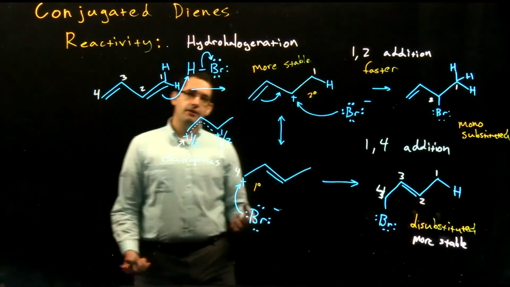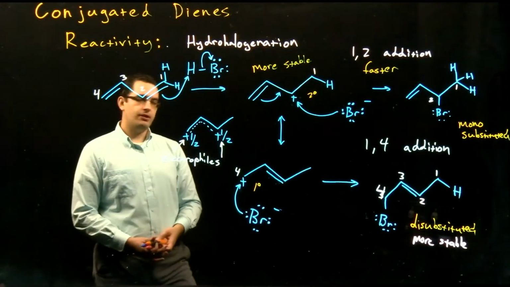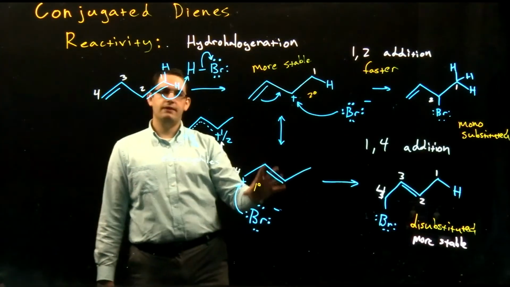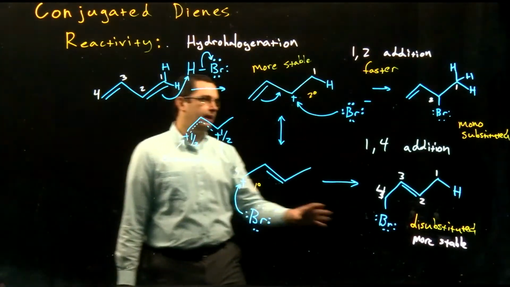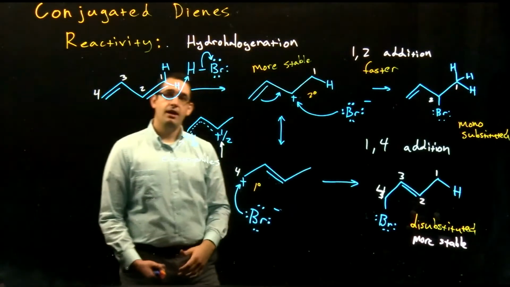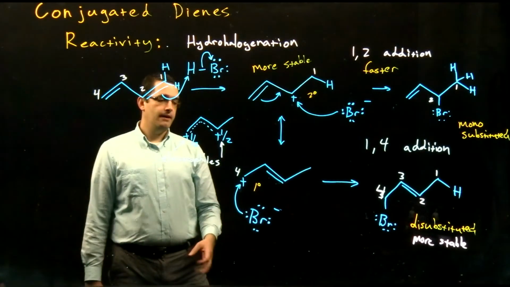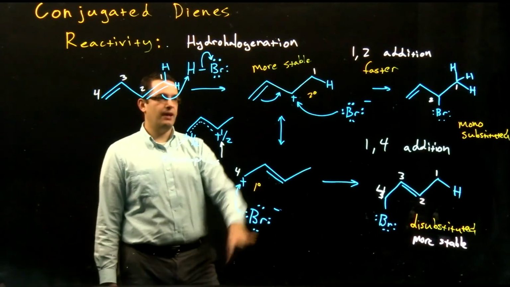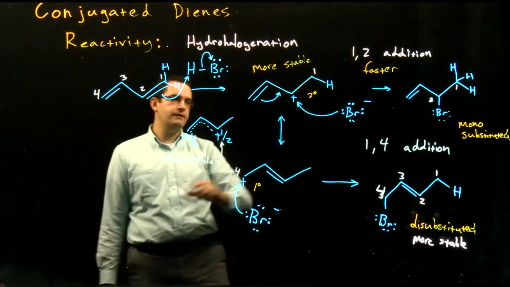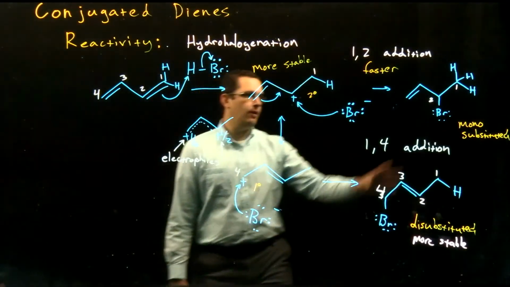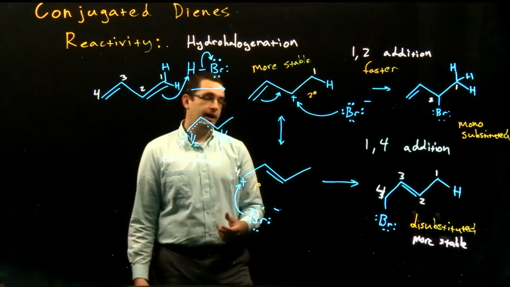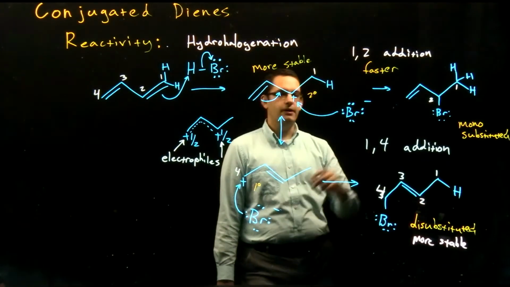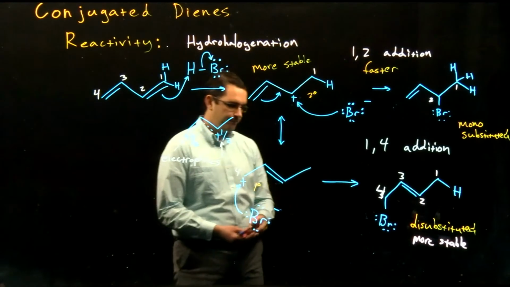So now if we consider the role of temperature, temperature of course determines how much energy we have to get past these unstable intermediates to get to our products. If we have a lot of energy, then the stability of our intermediates isn't as important, right? Because we have plenty of energy to get quickly through these intermediates and get to our products. In that case, we want that more stable product as compared to our less stable product.